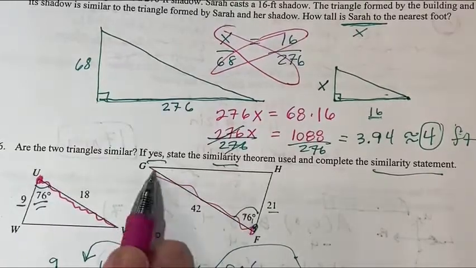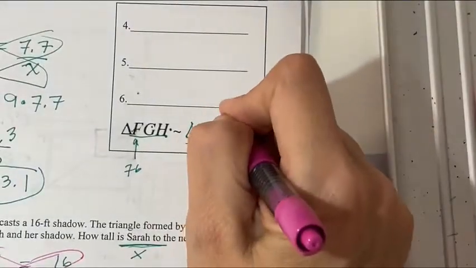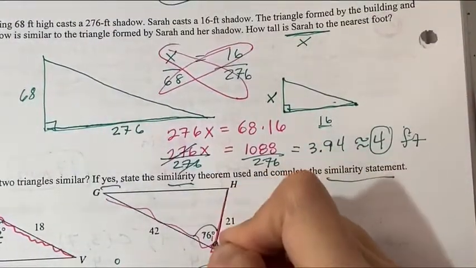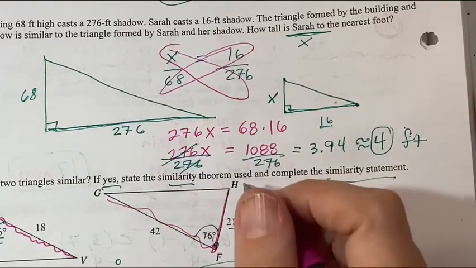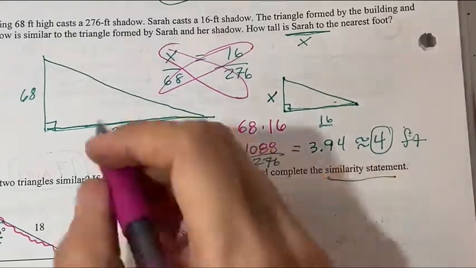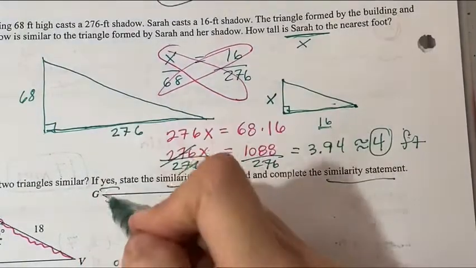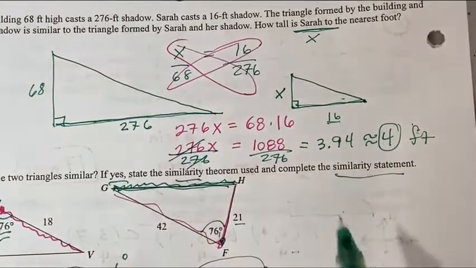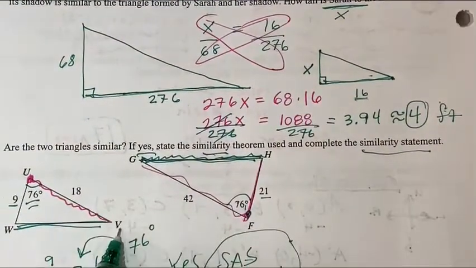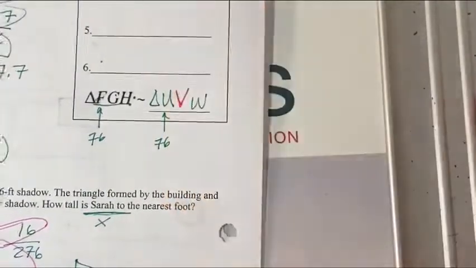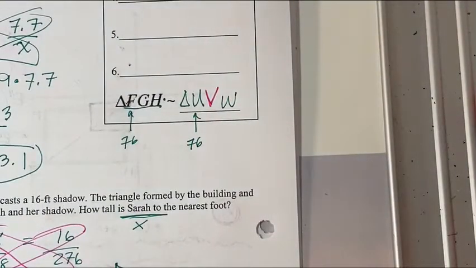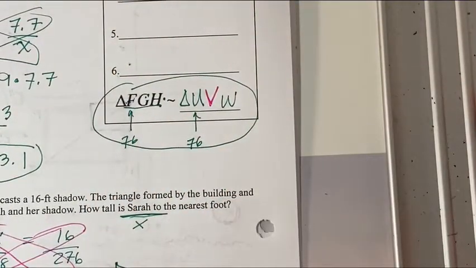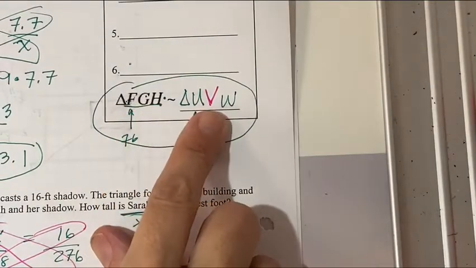UV is the corresponding side, so I have to use the letter V. And then last, GH is the side that we don't have information about, so we have to pick this side, VW. Okay, so that is the similarity statement. And yes, the order matters because they picked the order here, so we have to mimic the same order.